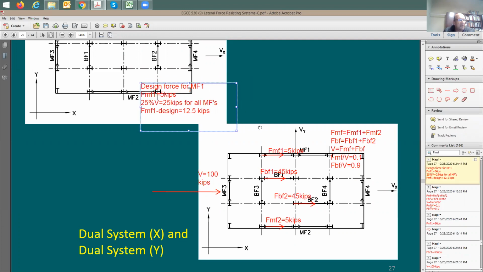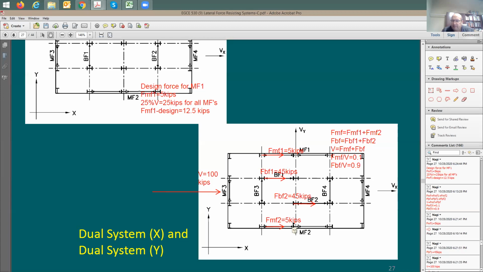Since both moment frames support the same amount of force by stiffness, let me take this 25 kips and distribute it between these 2 moment frames. You have a total of 25 kips and 2 moment frames. How much would you give each one of them? I'm going to give this one 12 and a half, and 12 and a half. Yes, that makes sense. Okay, good.